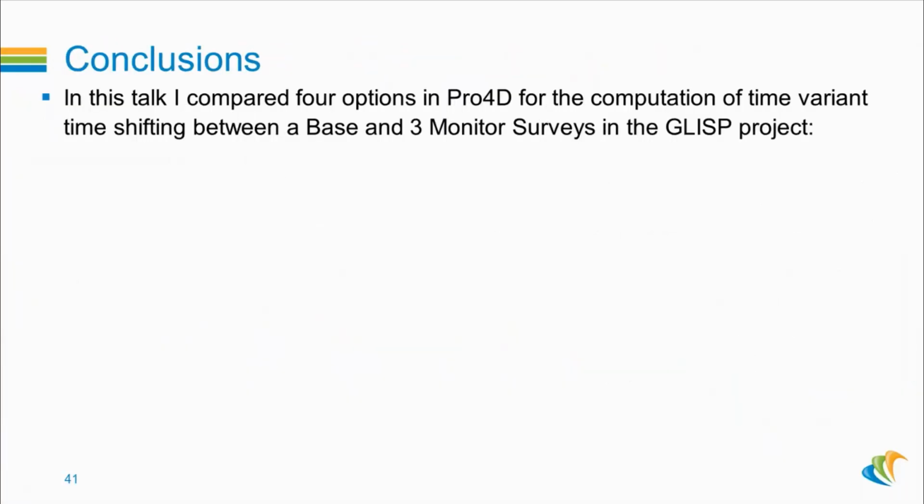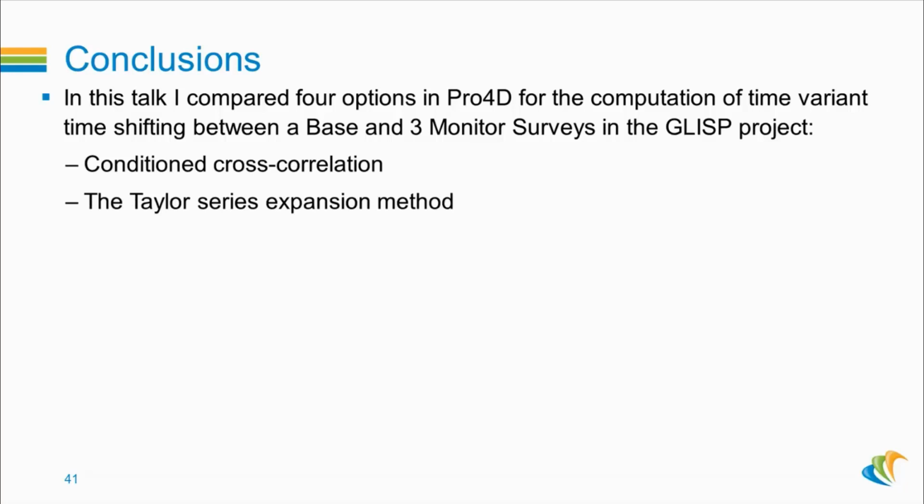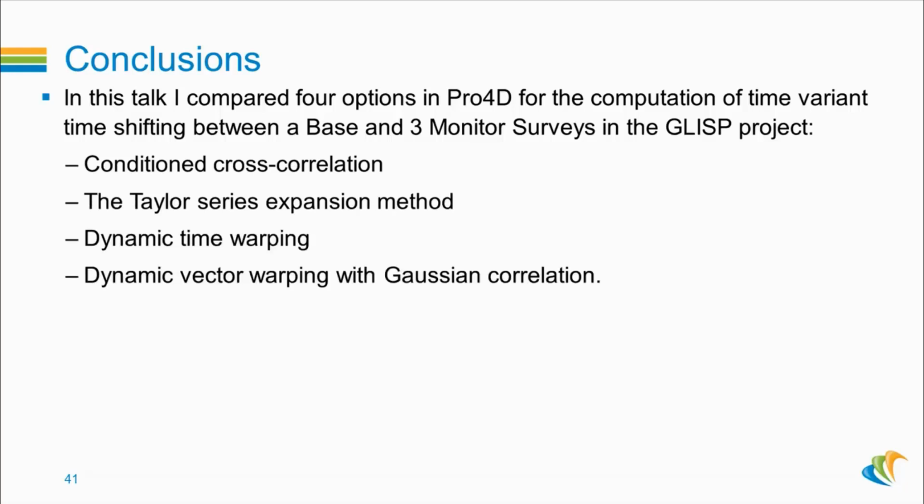And so just in conclusion, I compared four options in Pro4D for the computation of the time variant time shifting between base and base survey, and three monitor surveys in this GLISP project. We looked at condition cross correlation, the Taylor series expansion method, dynamic time warping, and dynamic vector warping with Gaussian correlation.